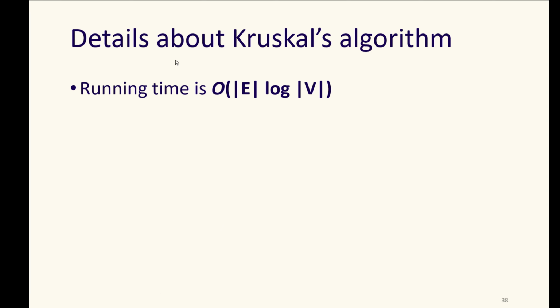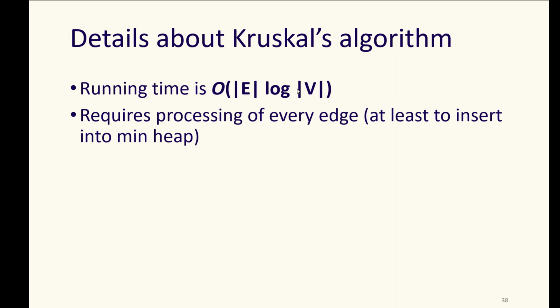So Kruskal's algorithm has a running time of O of E log V, or number of edges times log number of vertices. It's logarithmic in the order of vertices because those trees will contain the vertices, and those trees do logarithmic lookup for them.